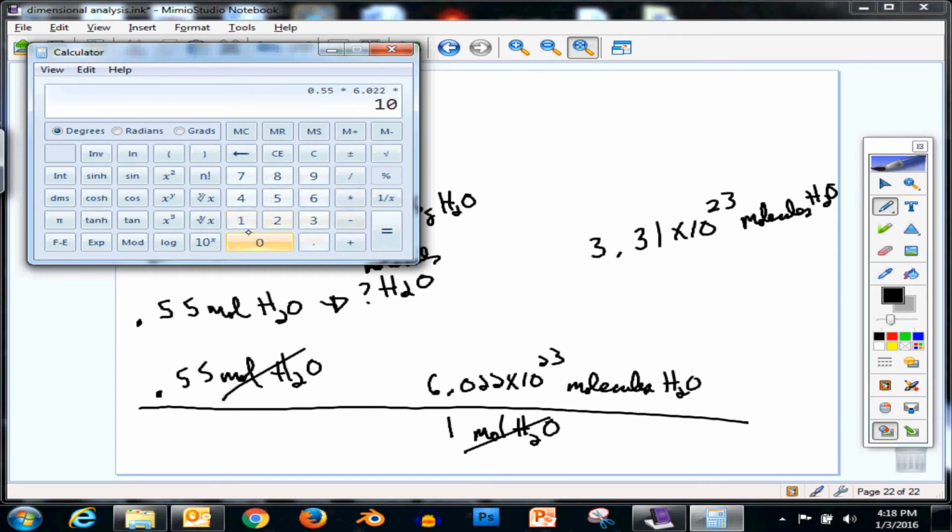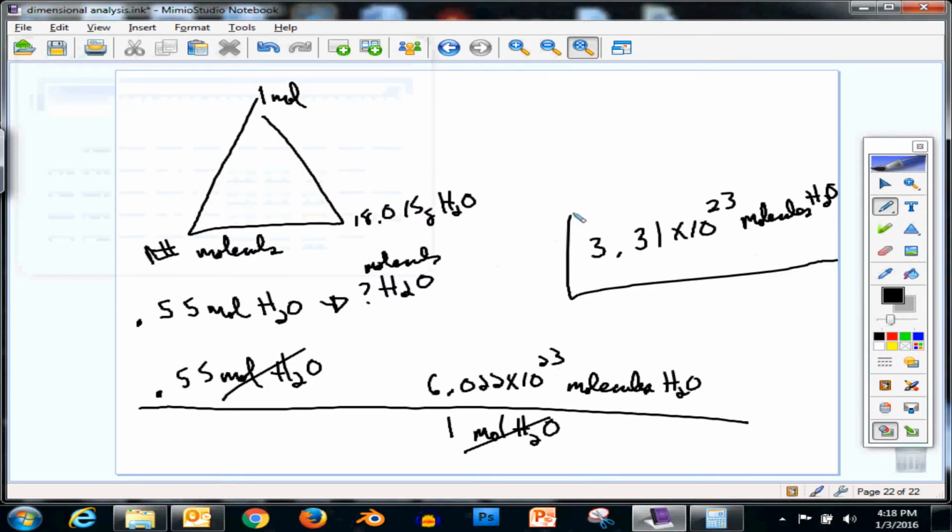Another way you could do it, if you're using a graphing calculator, is you would write 0.55 times 6.022 times 10, and where is the exponent? Ten to the 23.